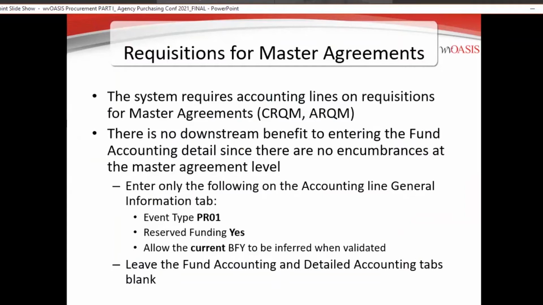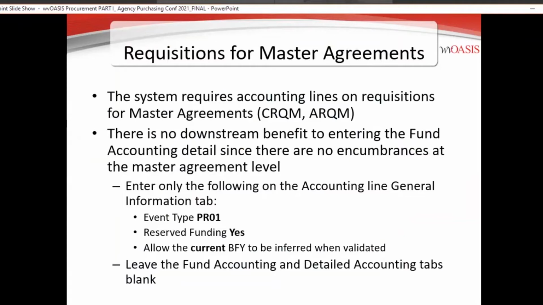Award documents require all of the accounting information at the fund level. The requisition for master agreements may require you, or will require you, to add an accounting line, but it does not require all of that detailed information because there's no encumbrance or pre-encumbrance necessary for master agreements. The encumbrance comes against those on the delivery order.